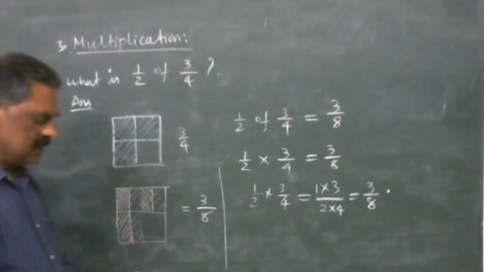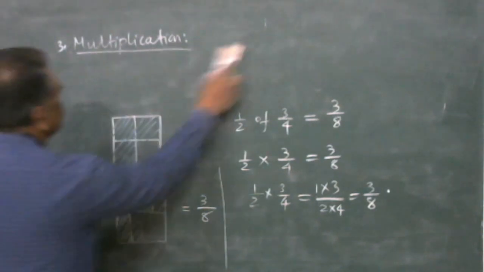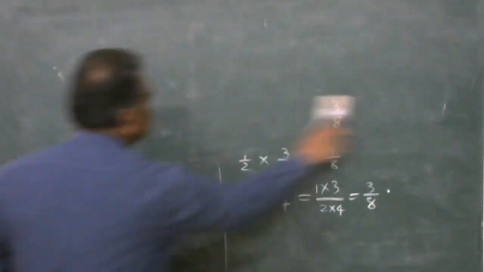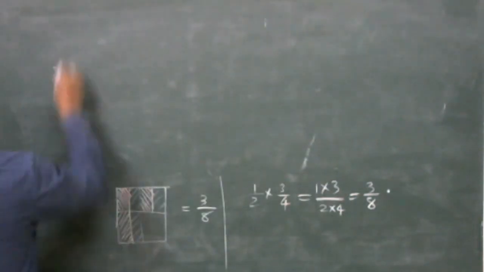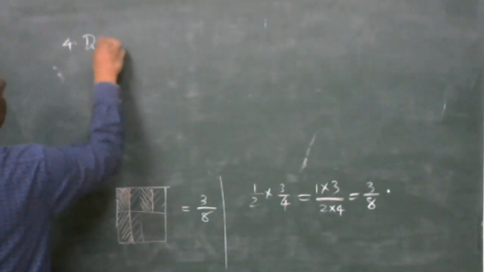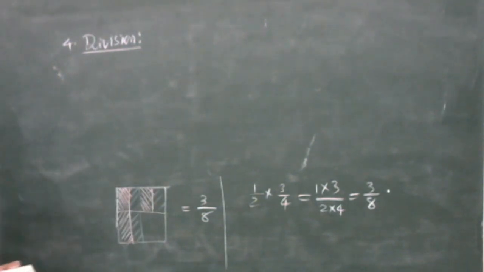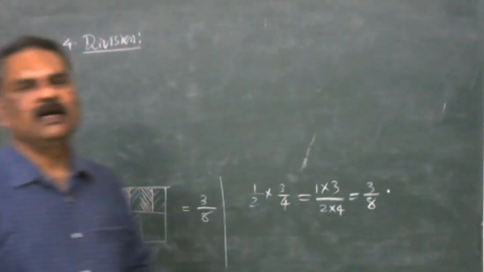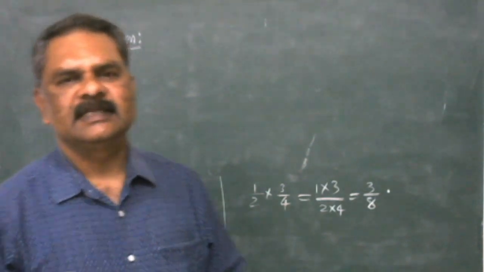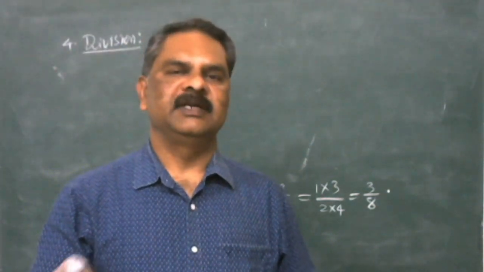Very easy. Then the fourth concept, fourth operation, is division. Division of fractions. So how do you divide two fractions? Already I told you, division is just the opposite of multiplication.